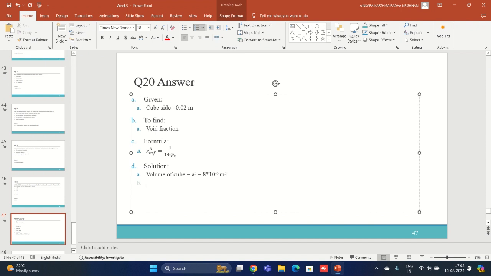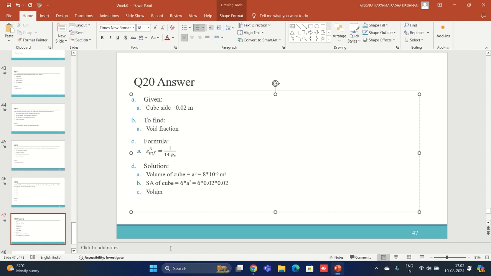Now the surface area of the cube is 6 a squared, which is 6 into 0.02 into 0.02.